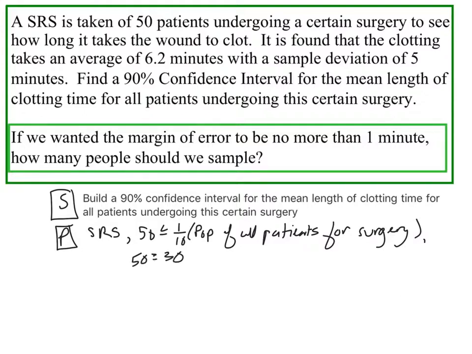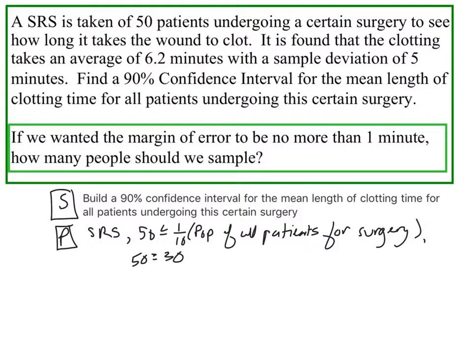It is. If it wasn't, then you'd have to know something about the parent population. For instance, you'd have to know if it's normal, or you'd have to be given data so you could graph it and look for outliers or skew. But in this case, it is large enough, so we are allowed to just proceed.